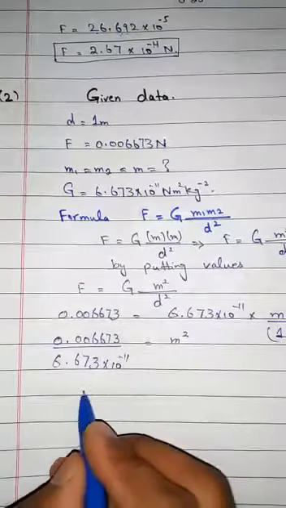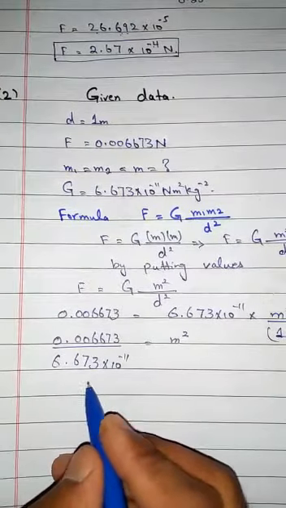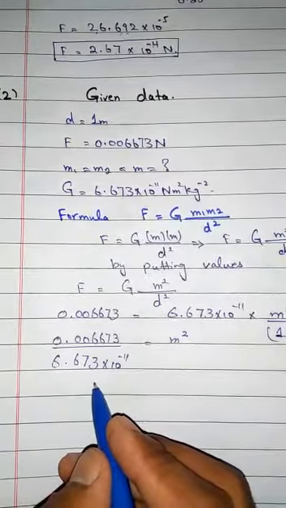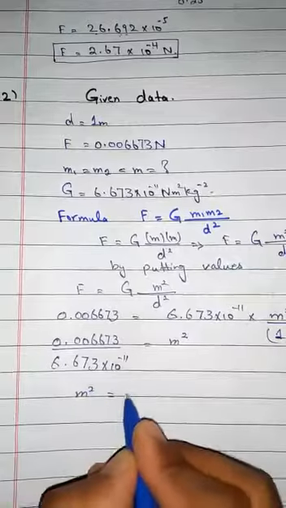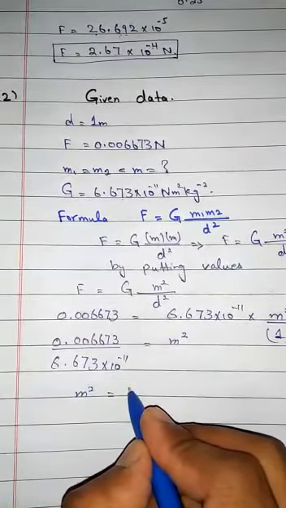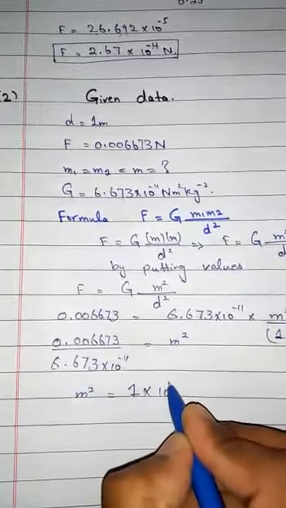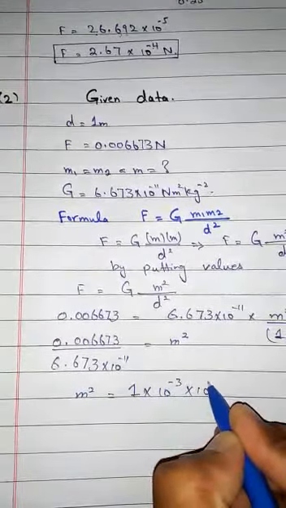By putting these values in the calculator, we can find the exact value, and the answer will become m² equal to 1 multiplied by 10 to the power minus 3 multiplied by 10 to the power plus 11.